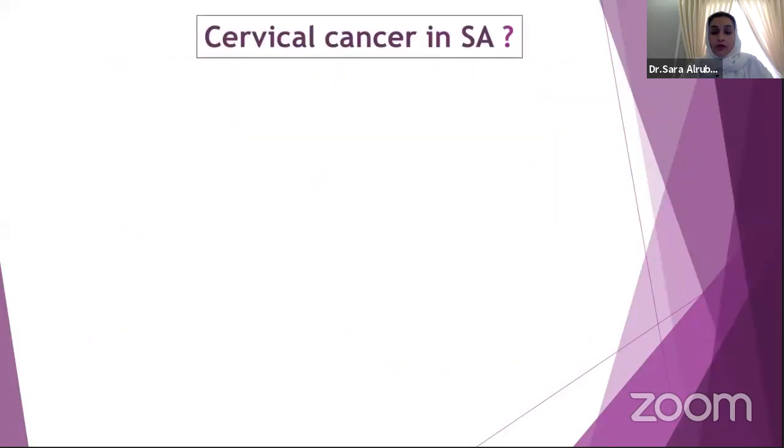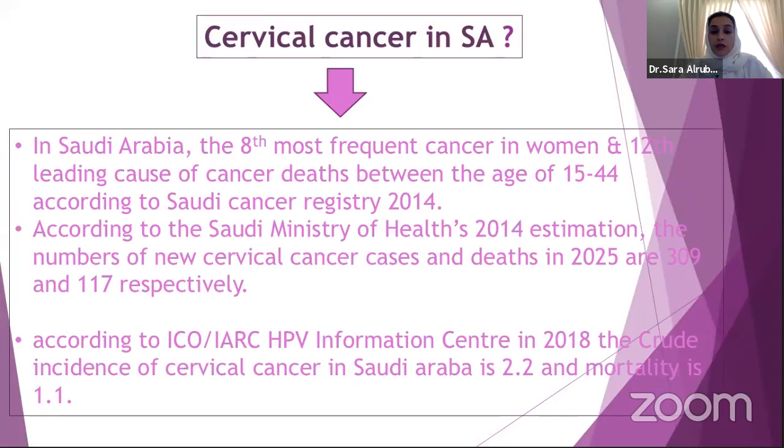So just a brief comment about cervical cancer in Saudi Arabia. It's the 8th most common cancer in women between 15 and 44 years old, and it's number 12 causing death among these women.